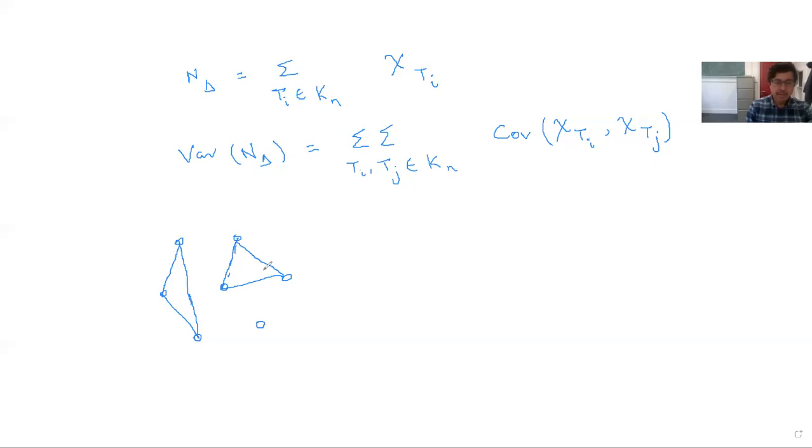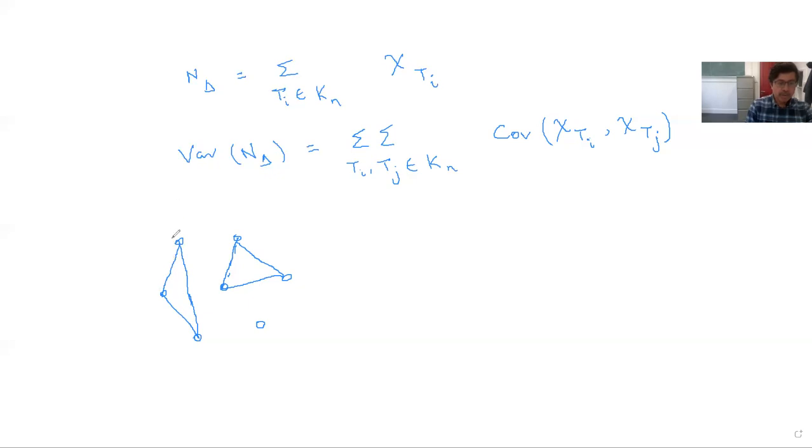So the indicator of this triangle is independent of the indicator of this triangle. So these 2 random variables are independent, and so the covariance is 0.